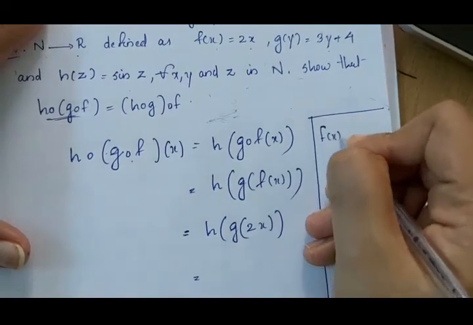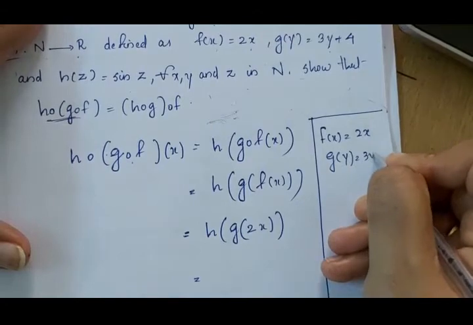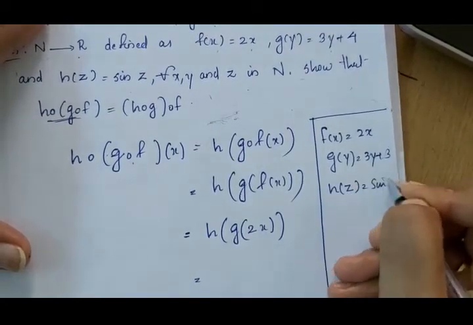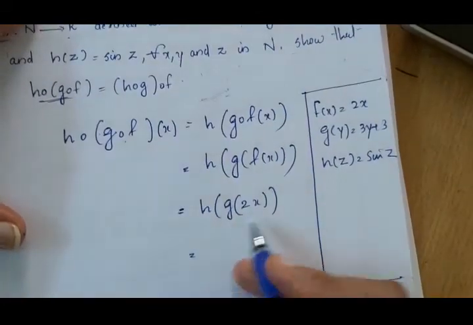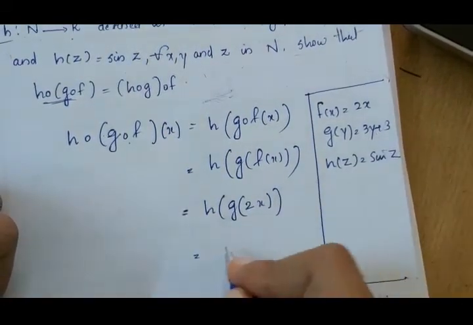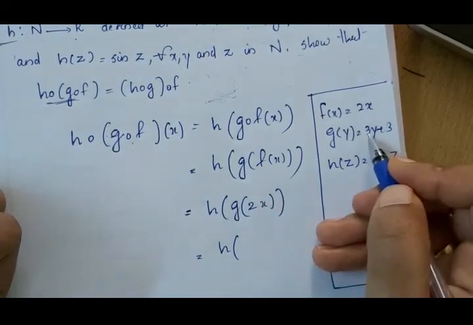f of x is equal to 2x, g of y is equal to 3y plus 4, and h of z is equal to sin z. What is g? g of y is equal to 3y plus 4. So h of g of 2x: in place of y we have to substitute 2x.